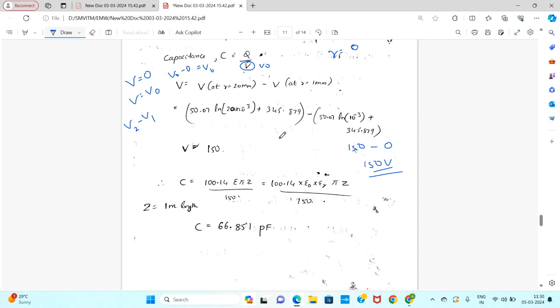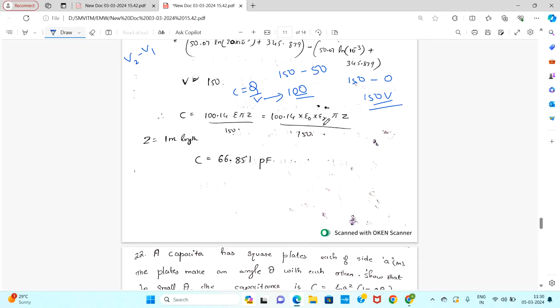Now suppose they had given you 150 and, instead of 0, 50, then your difference would have been 100. So we'll have to substitute V is equal to 100 here. Take the difference of potential between the two boundary conditions. If one of them is 0, then no problem. The other value will be your default answer. But in case both the values are not 0, then you will have to take the difference between the two and get the answer before you substitute it.